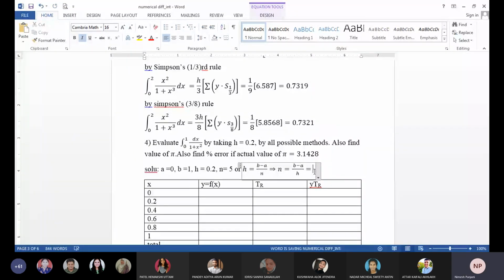So you can do it this way as well. b is 1, a is 0, so 1 divided by 0.2. 1 divided by 0.2 also gives you the answer as 5. Okay, so this is another technique to get your n.